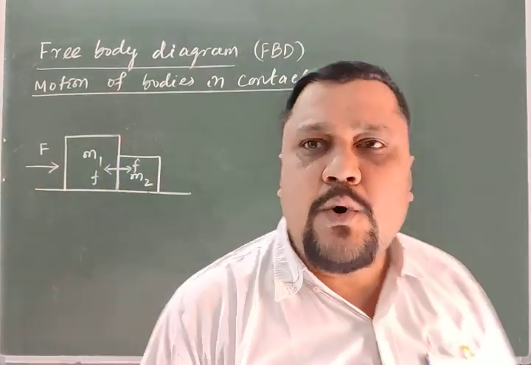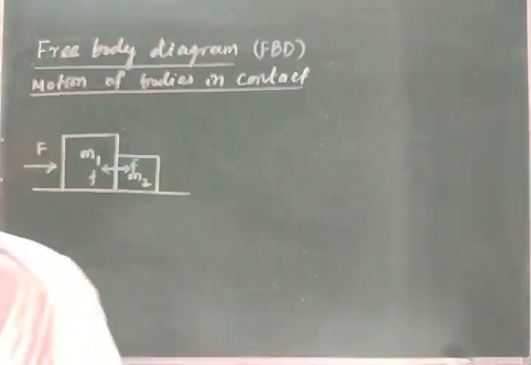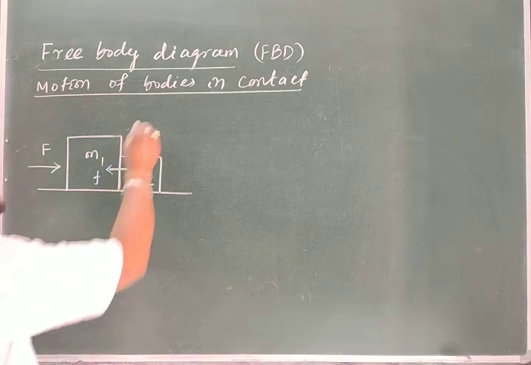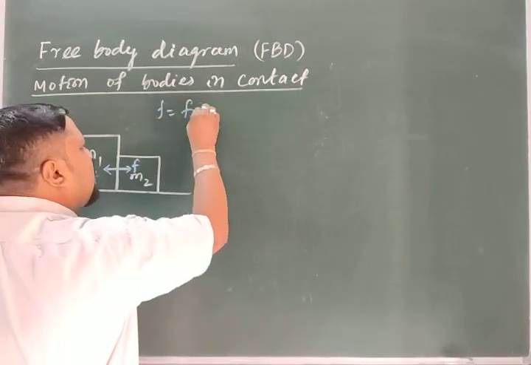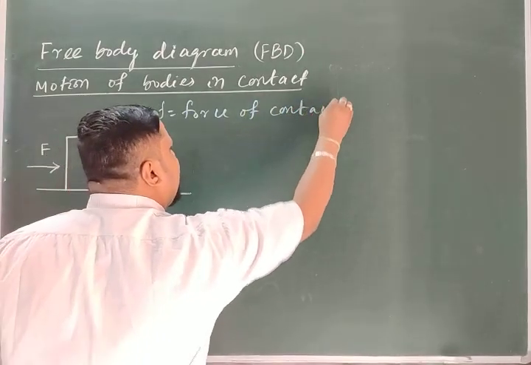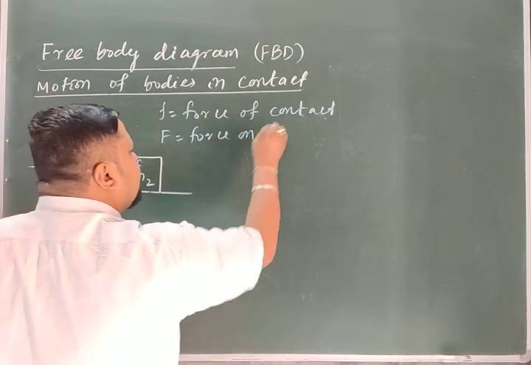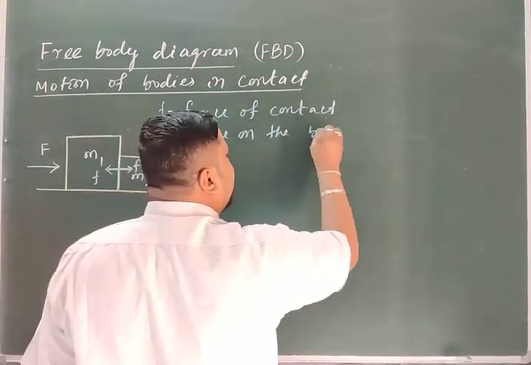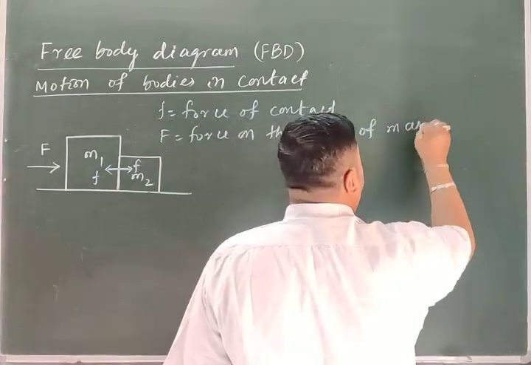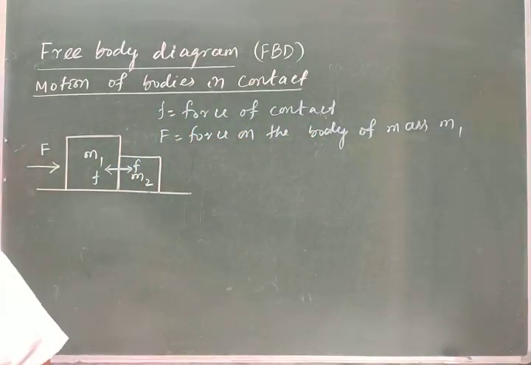So that is the force at the contact. This small f is the force of contact, and capital F is the force on the body of mass m1.